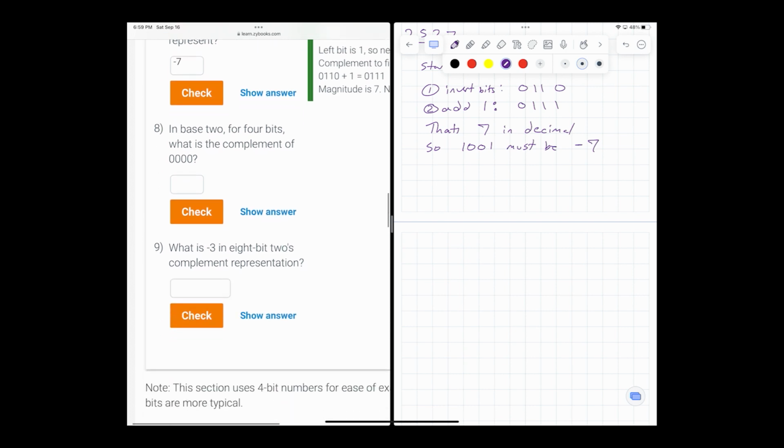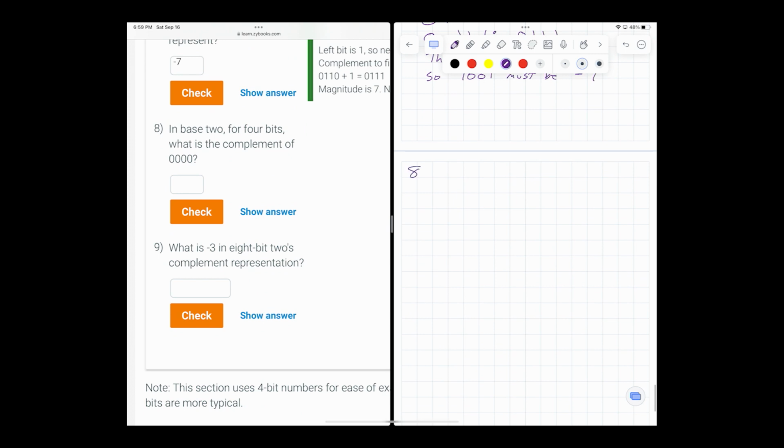Okay. Now 8 is interesting because with 8, you have what is the complement of 0000? So we've got 0000, right? And if you apply the process, you would invert. So you get 1111, and then you have to add 1.